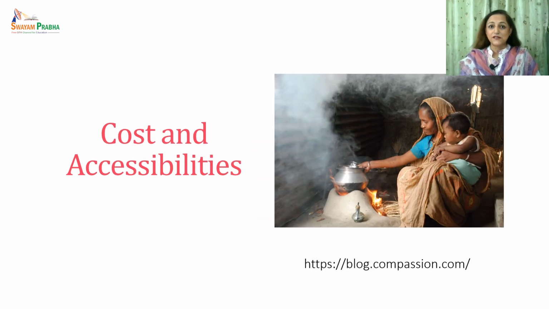Another important determinant is cost and accessibility. It's an important primary determinant. As we know, low income group people have a tendency to choose foods from very few food groups, and usually they cut down on fruits and vegetables because they are very expensive.